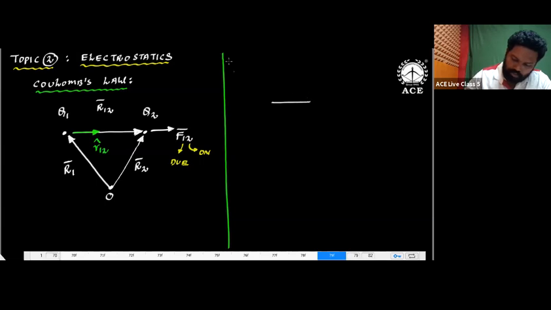If there are two vectors like this example, and the tip of one vector is touching the tail of the other vector, here it is A, here it is B, then what is the resultant?